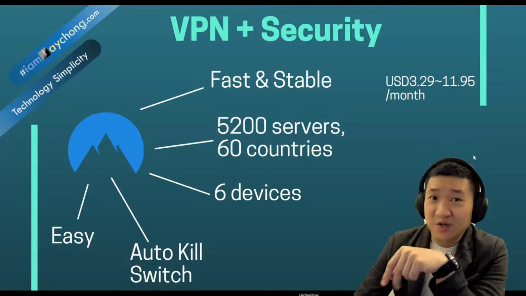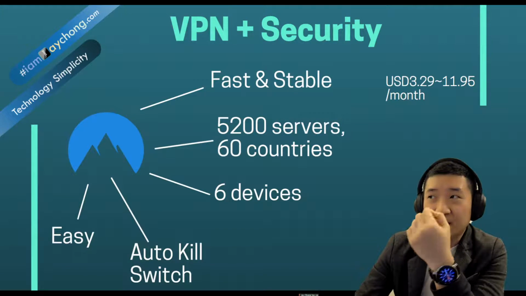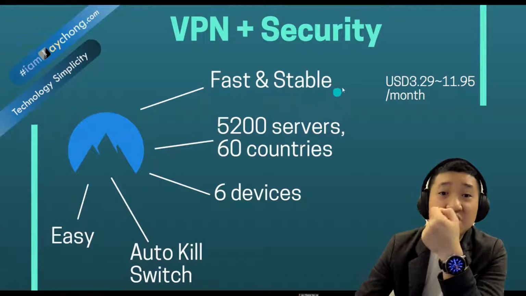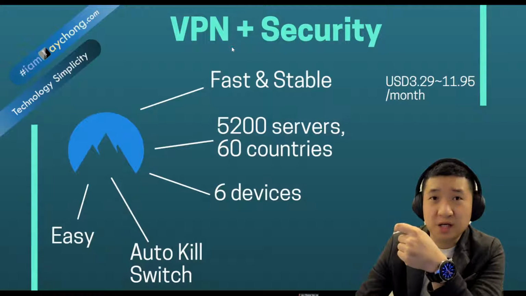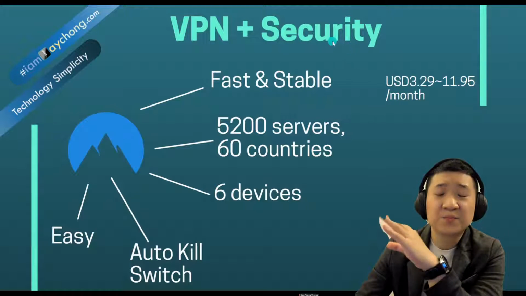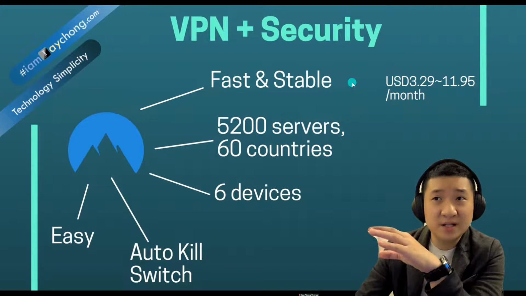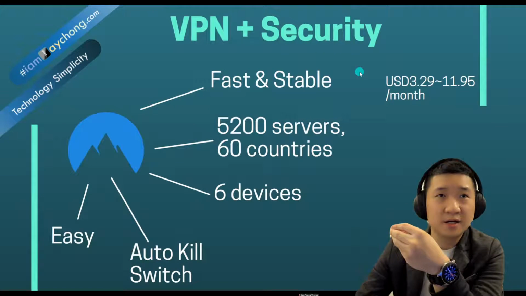Next one I want to share with you: since I talked about security in terms of cloud storage, I want to talk about VPN as well. Definitely you want to protect yourself when you're surfing on a Wi-Fi hotspot and stuff like that. VPN is one of the solutions, and the one that I highly recommend is NordVPN. Why?